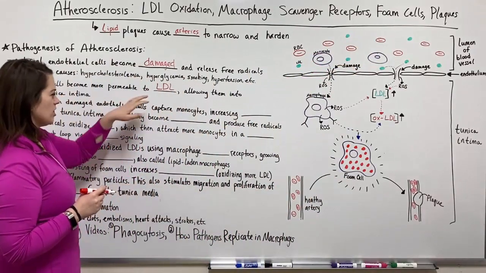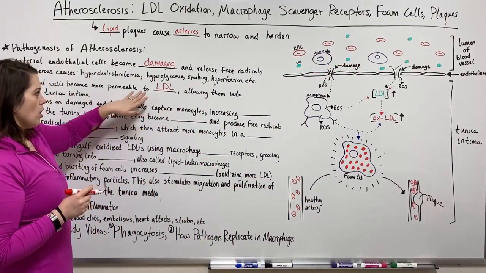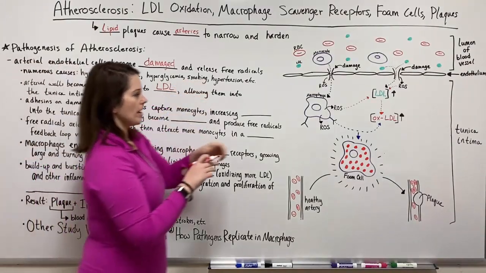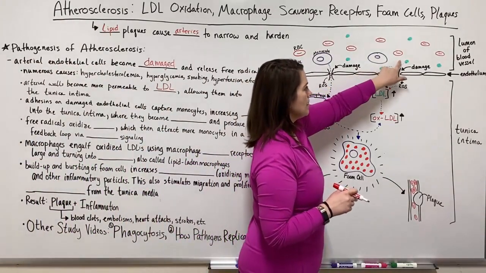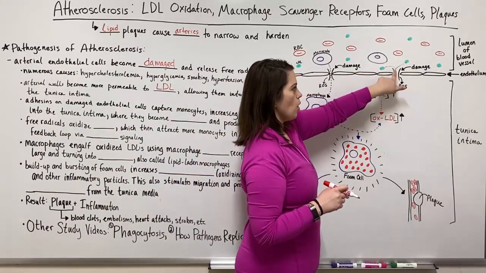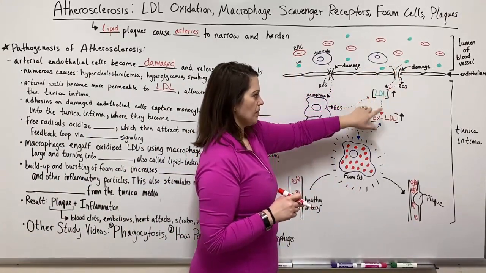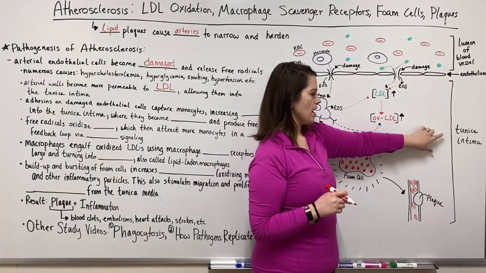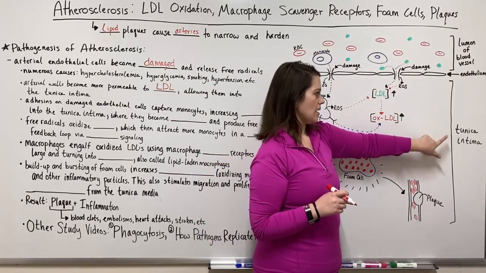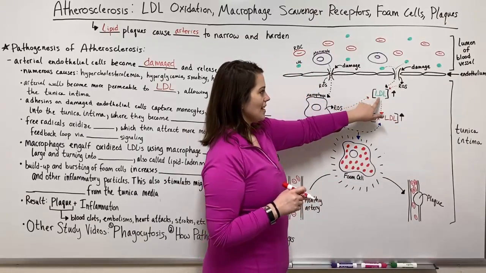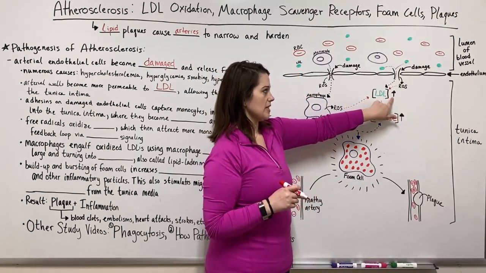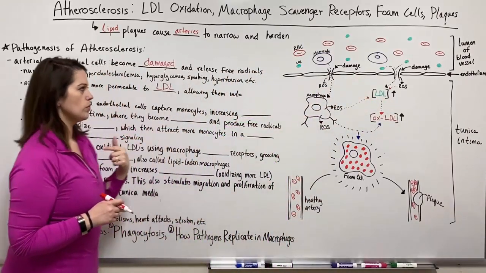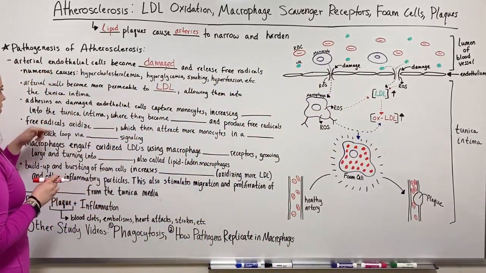This damage makes the arterial walls more permeable to LDL, allowing the LDL to go across the endothelium into the tissue on the other side of the endothelial layer. This tissue is called the tunica intima. So you get LDL increasing in concentration because of the damage to the endothelial cells.